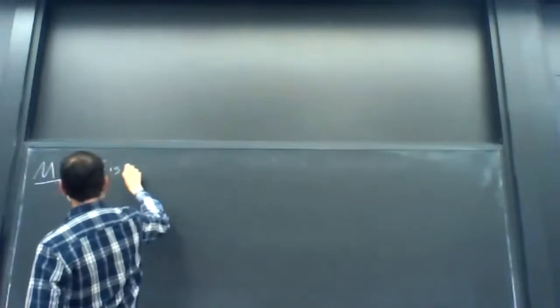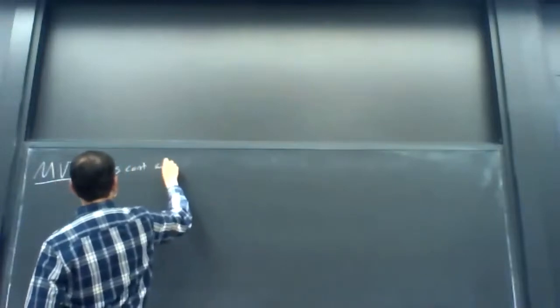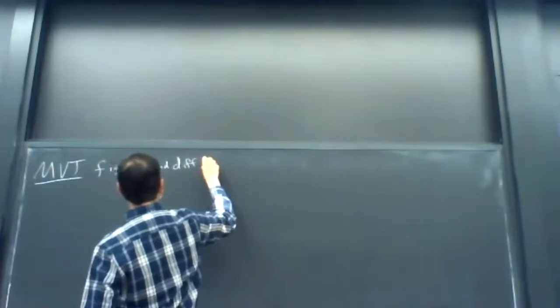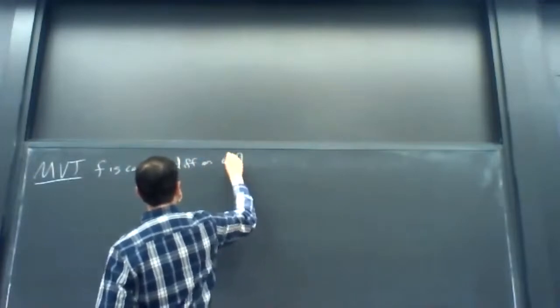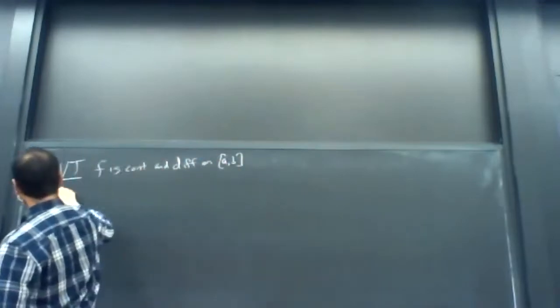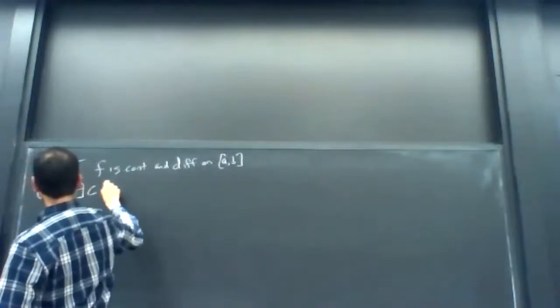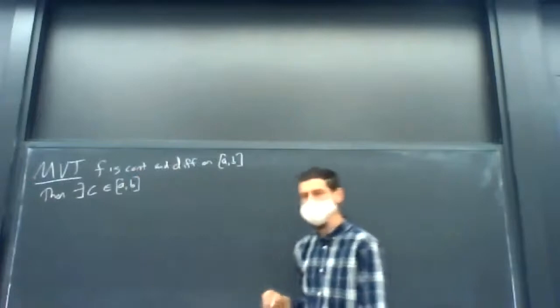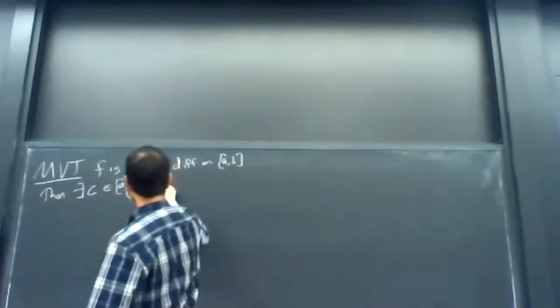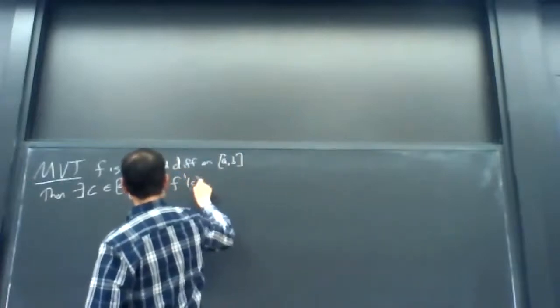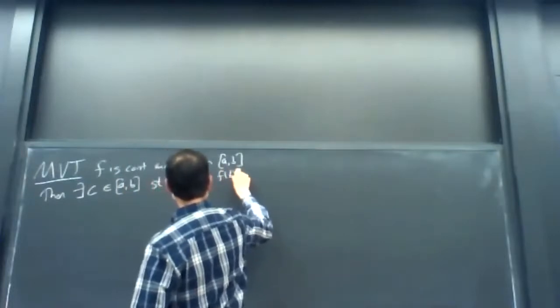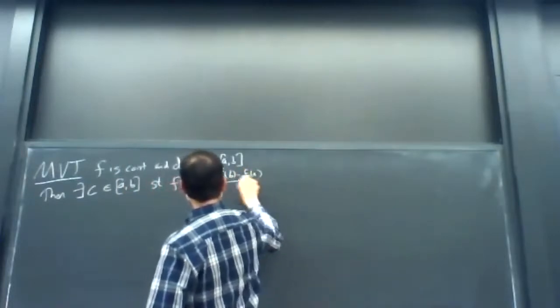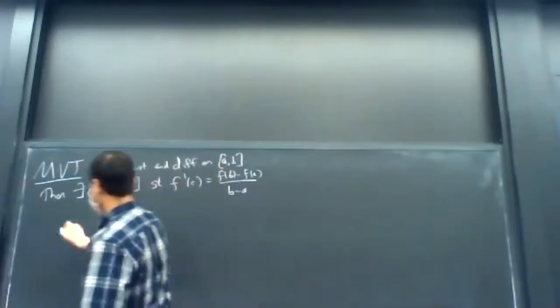And it basically says, let's say f is continuous and differentiable on (a, b), then there exists a c in (a, b) such that f prime of c is f of b minus f of a over b minus a.